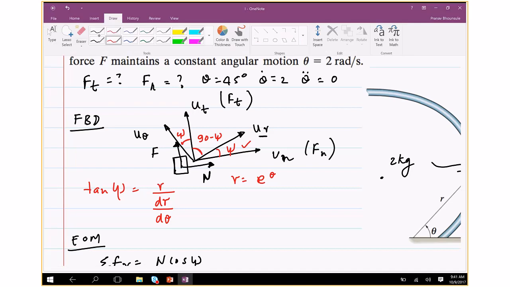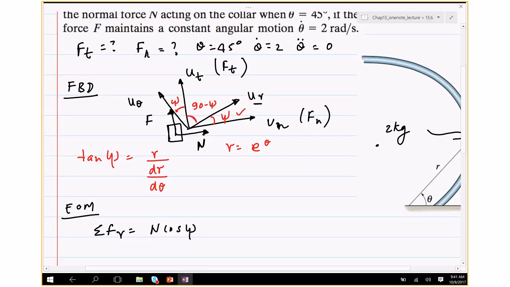So N cosine psi, and if I resolve F in the psi direction, I get F sine of psi, and that's going to be positive because this force is, well, it's going to be this component. F cosine psi equals mass times acceleration.